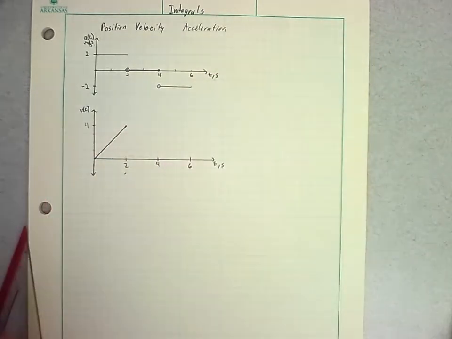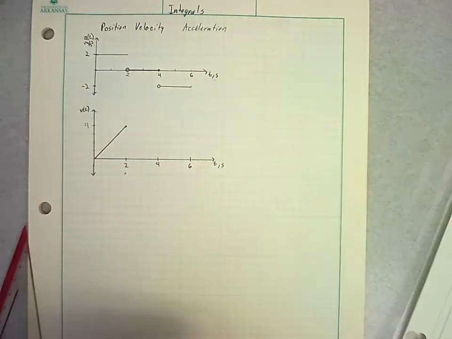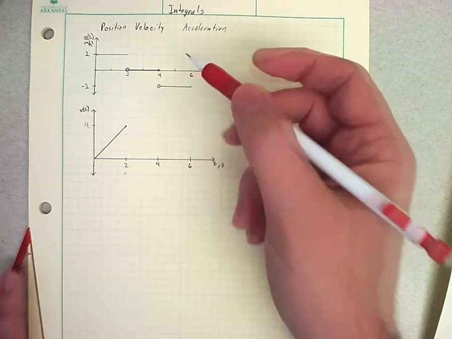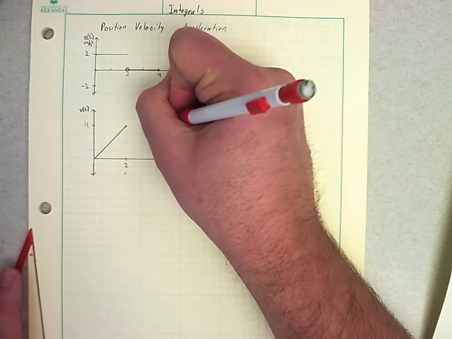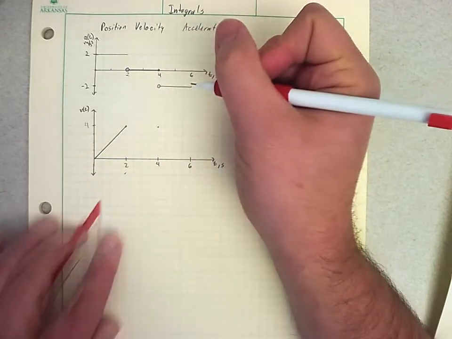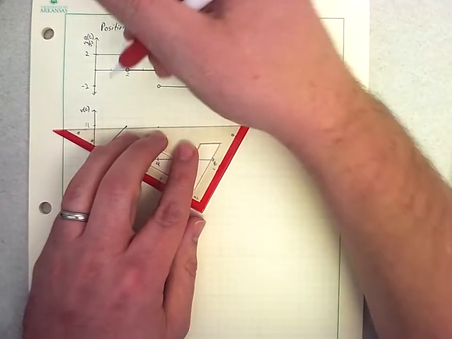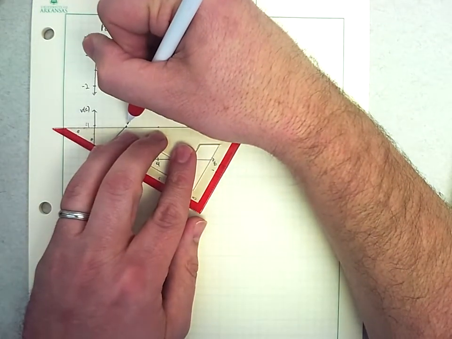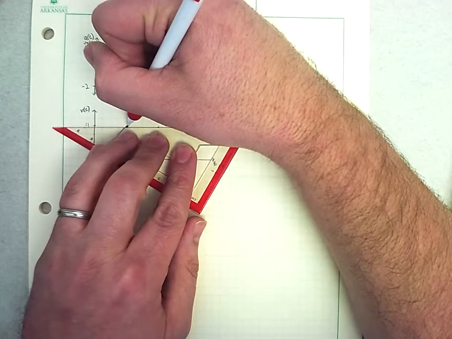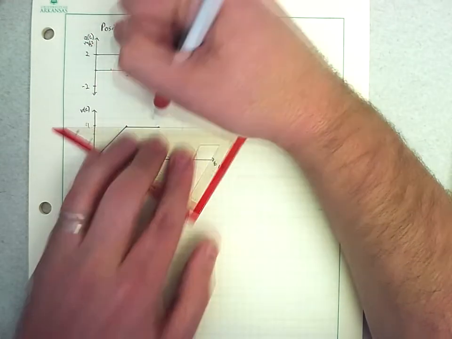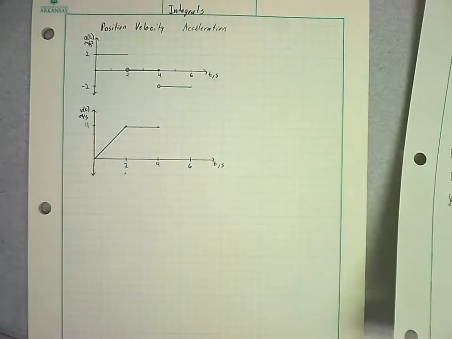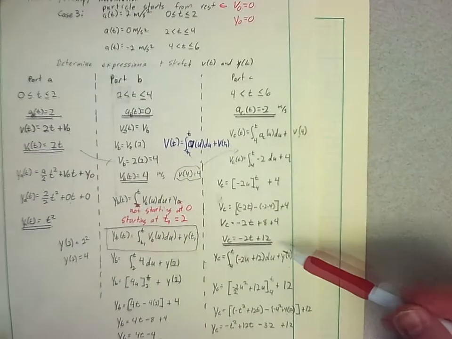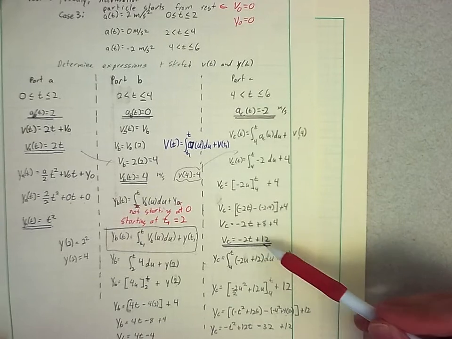From 2 to 4, we know that because acceleration was 0, and because we integrated, the velocity stayed flat at 4 meters per second. From 4 to 6, we found that the velocity was negative 2t plus 12.